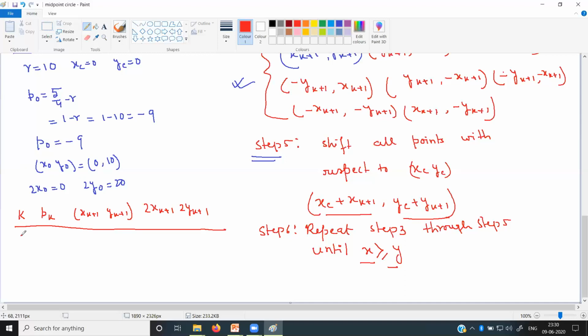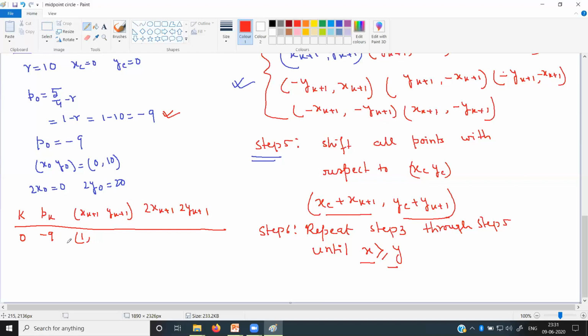Now initially k is 0, the 0th iteration. So P0 is -9, as you can see, we have computed from here. So what will my x value? X is xk plus 1 and yk plus 1. The x value will be incremented by 1. Now what will be the y value? Here the decision parameter is less than 0. If the decision parameter is less than 0, that means the midpoint is inside the circle, and if the midpoint is inside the circle, we have to push the points towards the boundary.